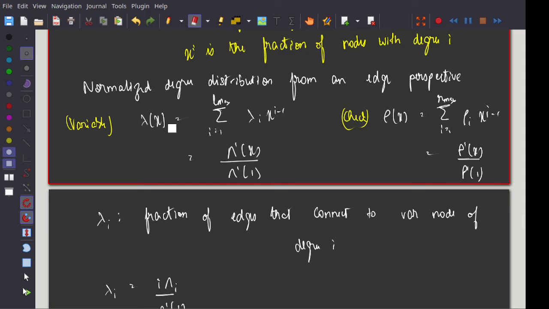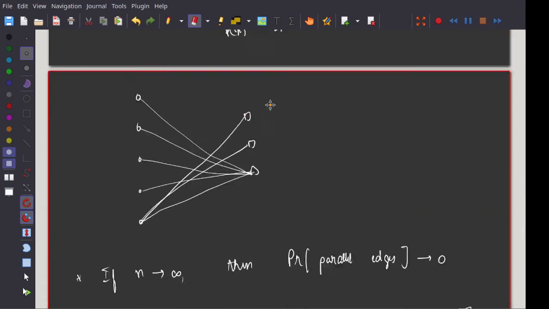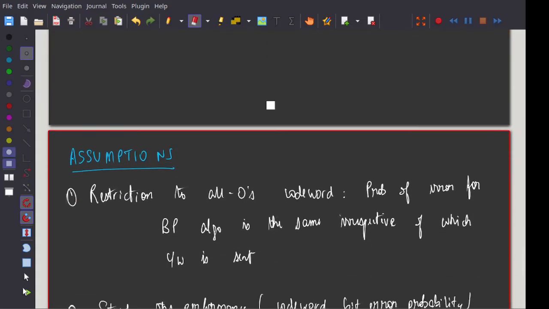So what is it equal to? Always equal to 1, right? And if you think about it, that's natural. You're summing up the fraction of edges which are incident on nodes of degree i, and obviously they should all sum to 1. So in other words, both lambda and rho, if you just look at the coefficients, form a probability mass function. All the little lambda i's are greater than or equal to 0, and they sum to 1. So that's what we'll make use of here.